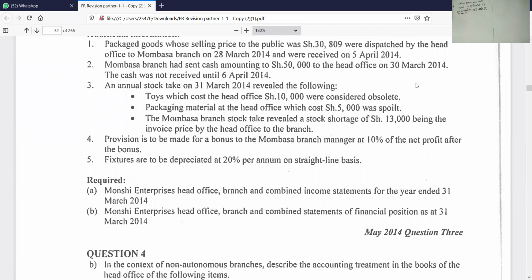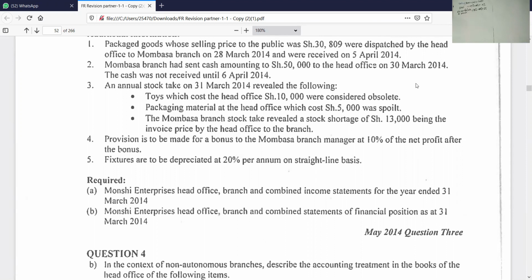Note 2, Mombasa branch sent cash amounting to 50,000 to the head office on 30th March 2014. The cash was not received until 6th April 2014. So Mombasa branch had sent the amount of 50,000 to head office on the correct date, but these were received on a later date after we have closed the financial year.